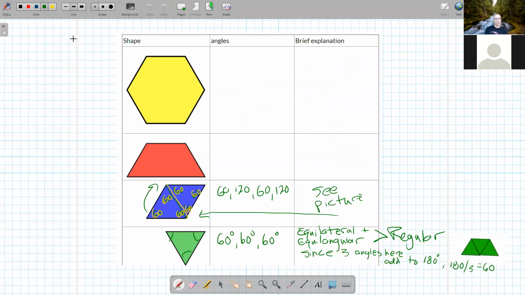We can break this into 3 of these equilateral triangles. And so then we get 60 degrees, 60 degrees, 60 degrees, 60 degrees, 60 degrees, and 60 degrees there. So this angle right here, this obtuse angle, we can see is 120 degrees. And the same thing here, that would be 120.